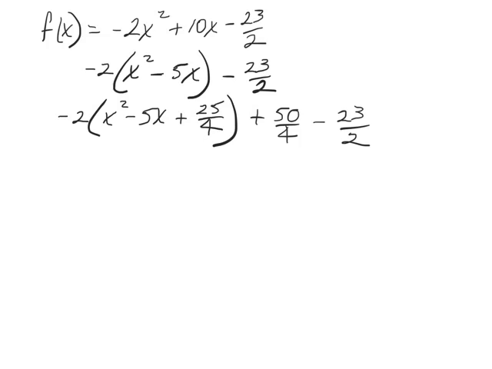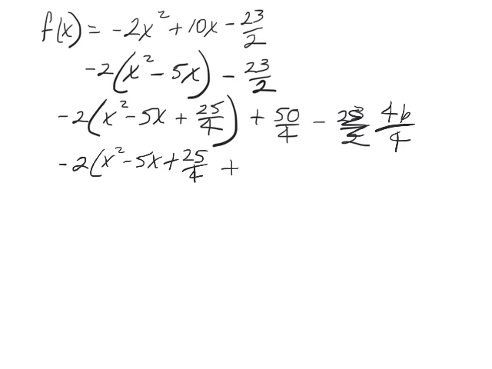Okay, so then that gives me, let's just keep this as is, 5x plus 25 over 4, and then we'll have plus, and this will turn into 46 over 4, common denominator, which gives us 4 over 4, which is going to be plus 1.